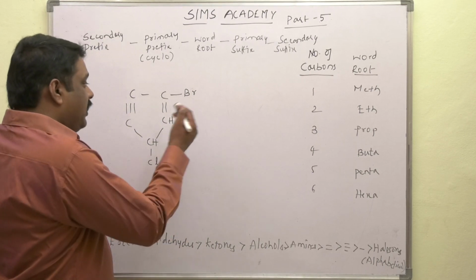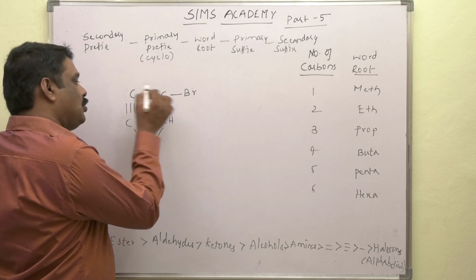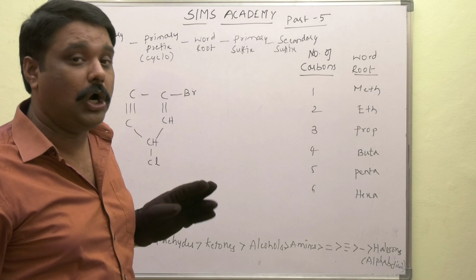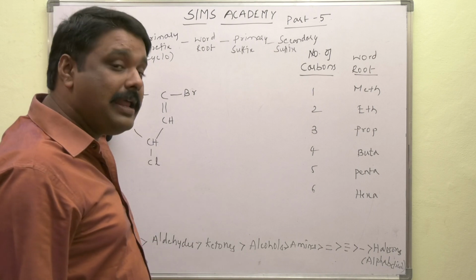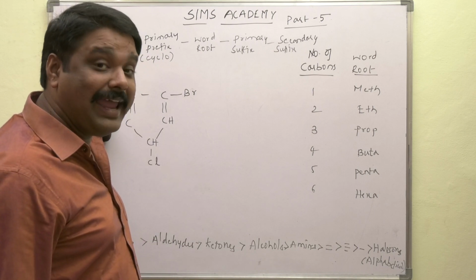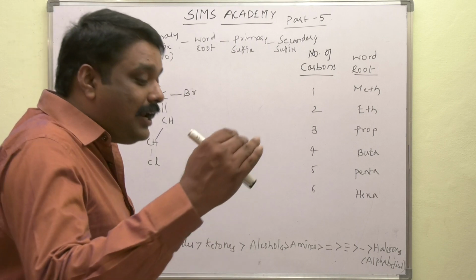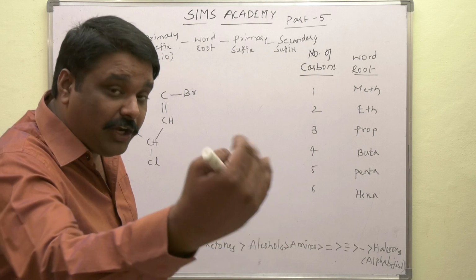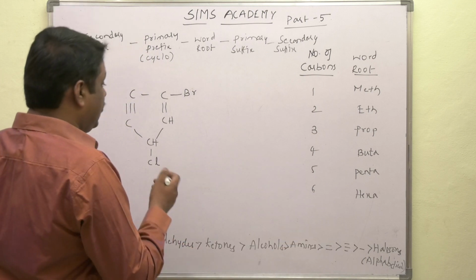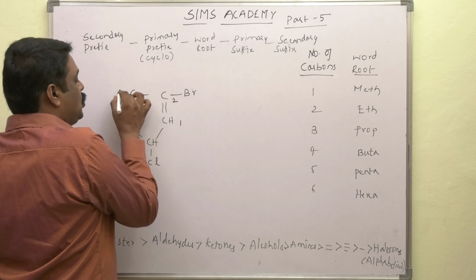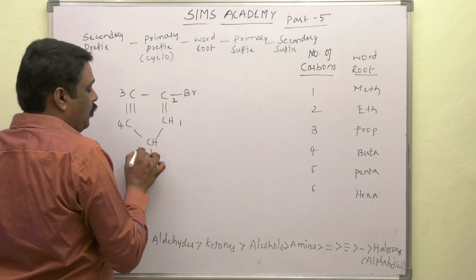If I move from this end, 1, 2, 3, 4, we get the third number for the triple bond. That means we get number 3 for the triple bond ine. Hence, starting from the double bond, we need to get the least number for the triple bond. So we move in the anti-clockwise direction, 1, 2, 3, 4, 5.